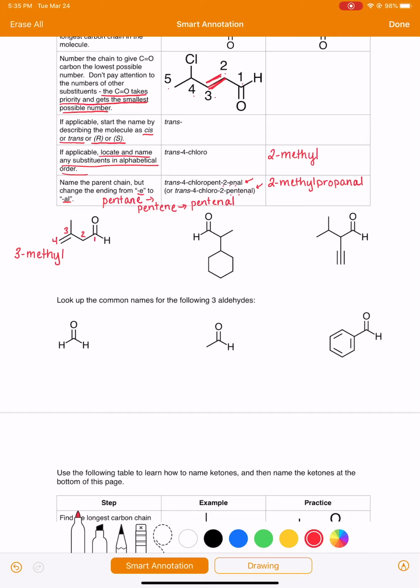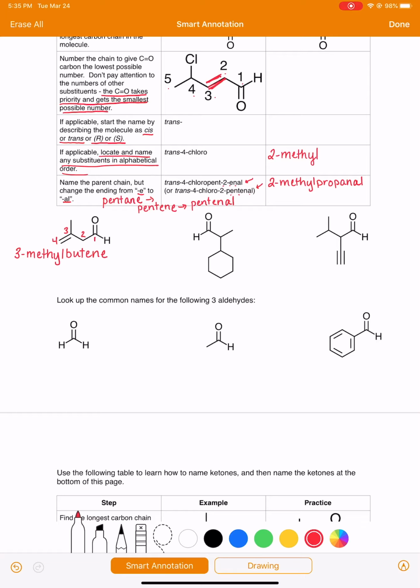This is a 1, 2, 3, 4 carbon chain, which is based on butane, except this is not a butane, it's a butene. We can't just say butene, we have to say the location of that ene.